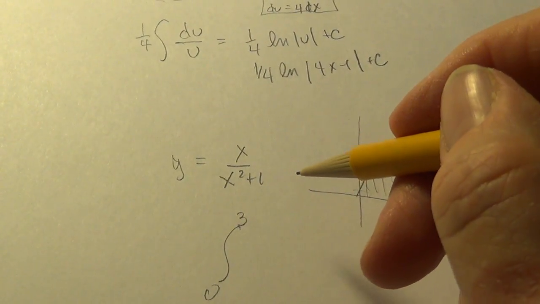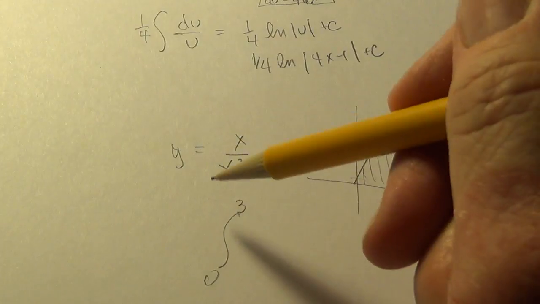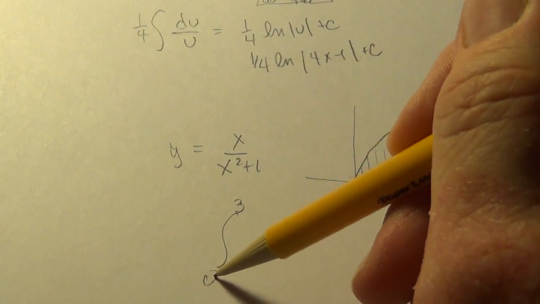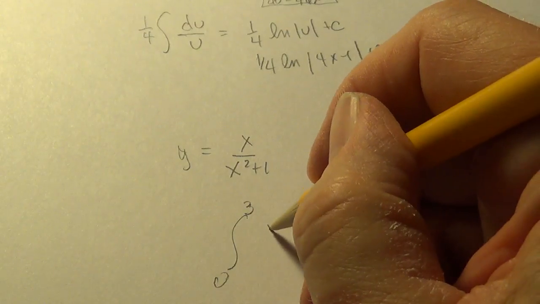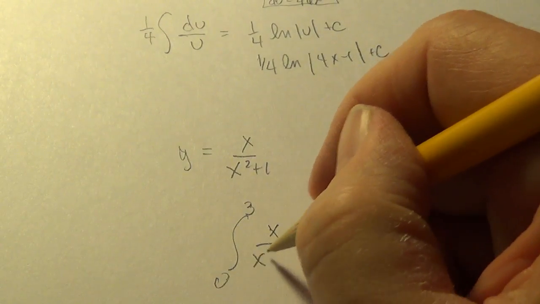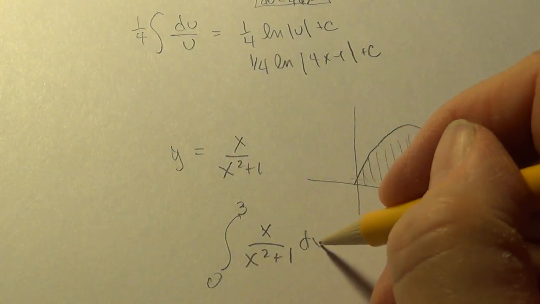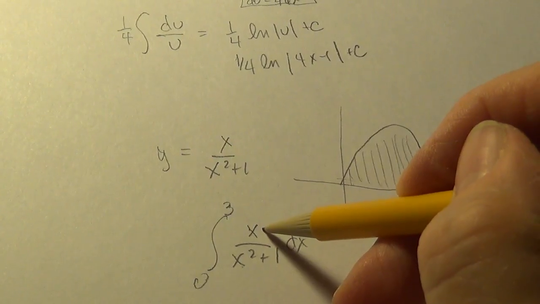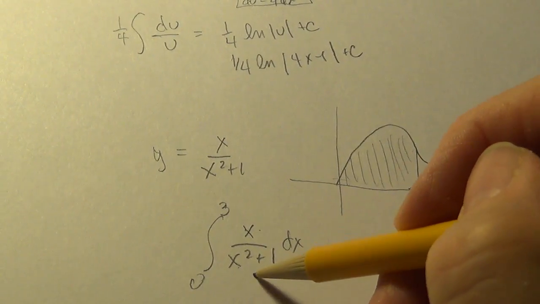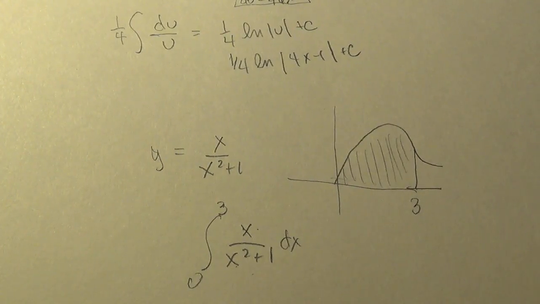So let's give this one a try and see if we can get the integral. Then we'll plug in the upper limit of integration and the lower, and we'll be good to go. Whenever I notice that this is, or almost is, the derivative of this, I'm suspecting a u, an ln of u type of thing.